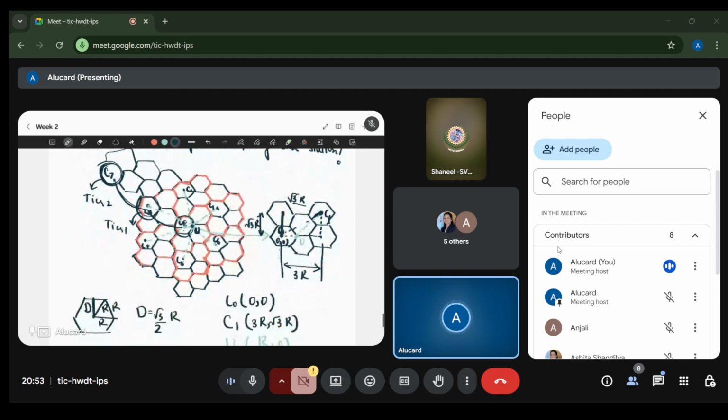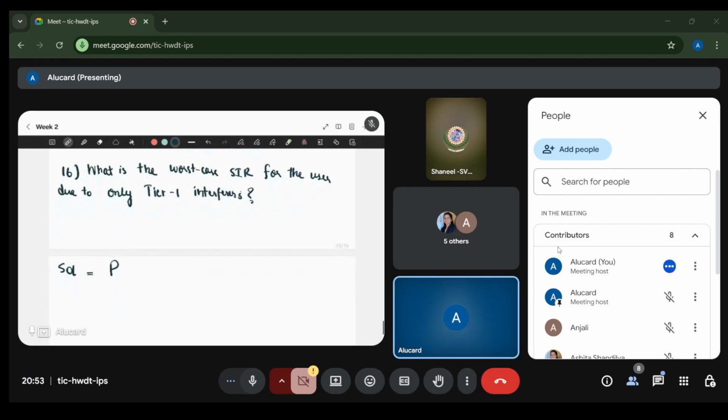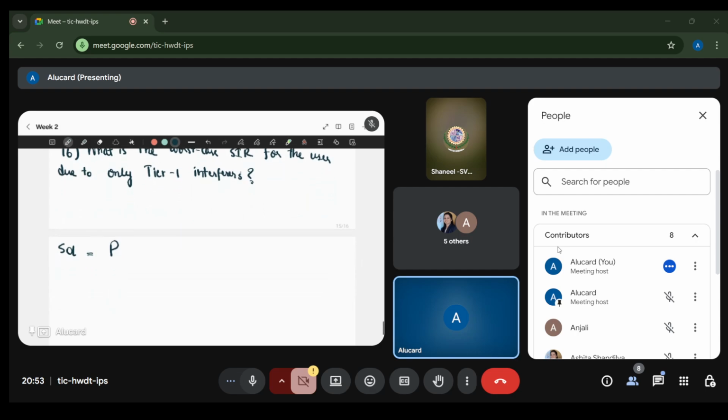Now you have to find the distance between the user and all the other transmitters. That I will leave it to you. Then you will get SIR is P received due to C0 divided by P received due to co-channel I, and there are 6 co-channels.